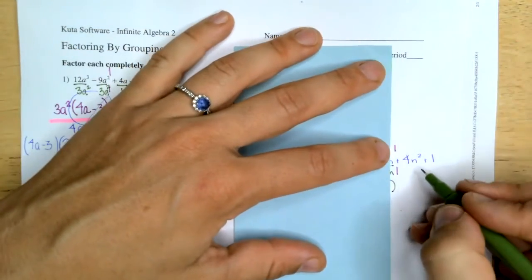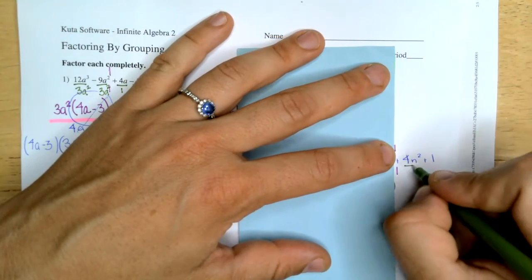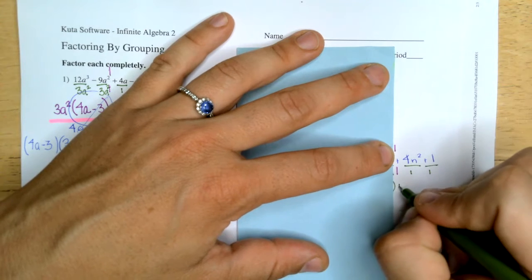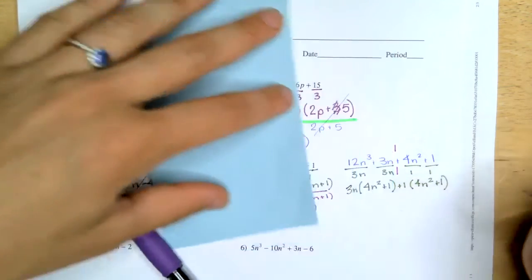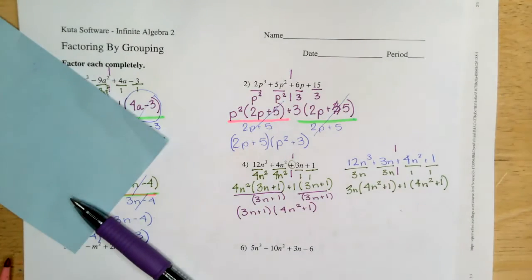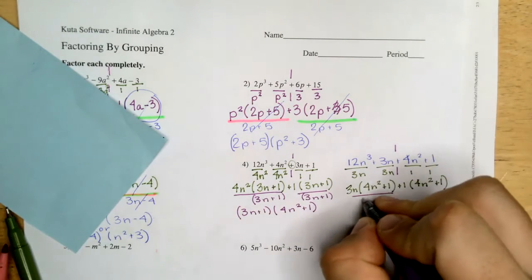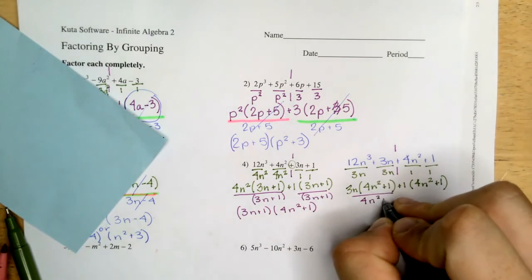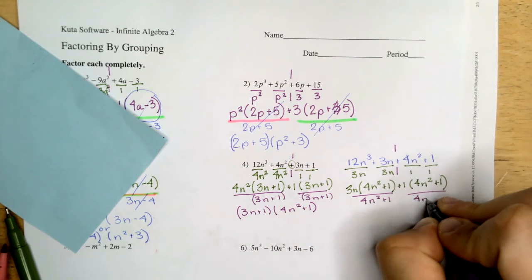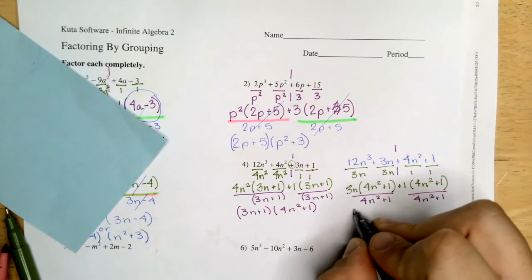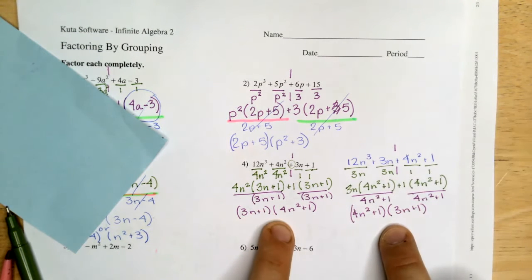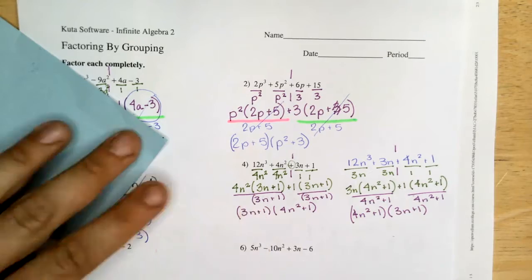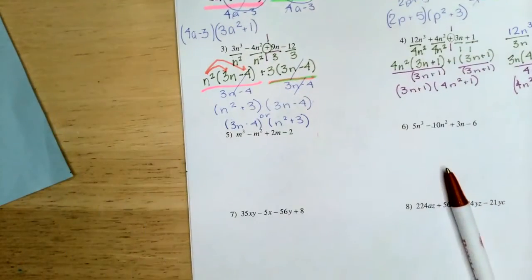Over here, 4n squared plus 1, all I can divide it by is 1. So I say plus 1. I still have that 4n squared plus 1. I'm going to divide them both by 4n squared plus 1. So that means I have 4n squared plus 1 times 3n plus 1, which are the same two terms I had over here. Good. Okay.